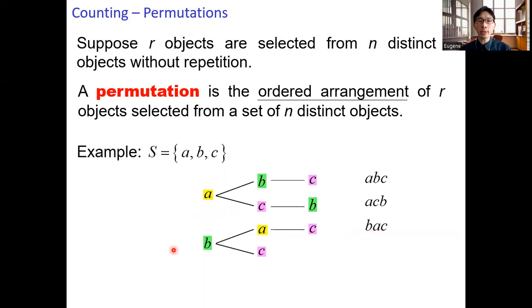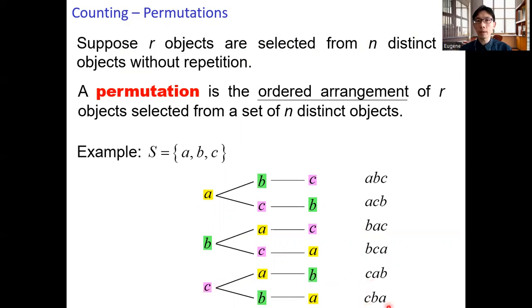And if we have the first letter as B, the second letter C, the last letter must be A, and we have the sequence BCA. Or we can choose the letter C in the first position, then we get CAB or CBA. These are the 6 permutations involving all the elements in the sample space consisting of the letters A, B, C.